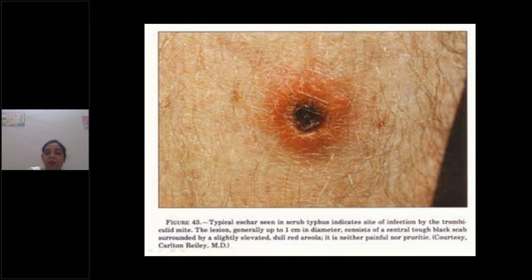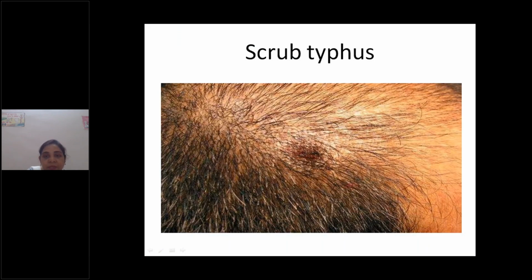It may be either painful or pruritic. Surface may be present or absent. It may be painful or not. Scrub typhus eschar on the forehead.